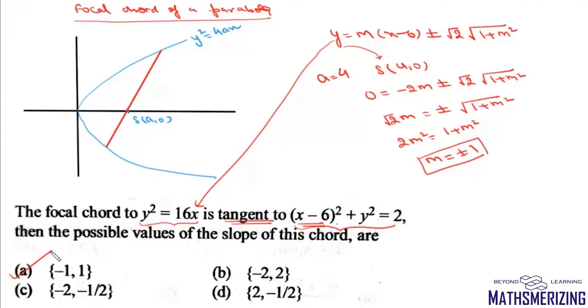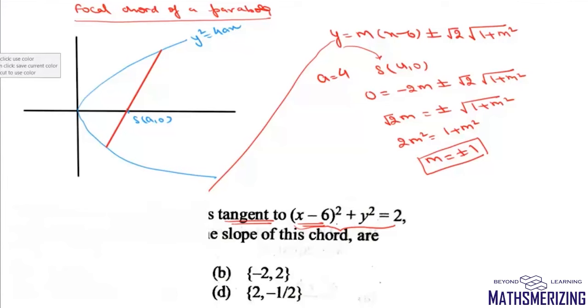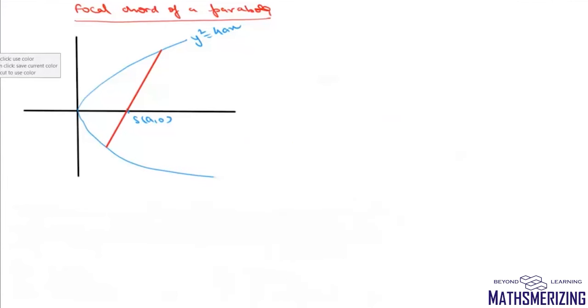So basically a focal chord of a parabola is any chord which passes through the focus. Now we'll write the general condition for any focal chord of a parabola. Suppose there are 2 points A and B which are endpoints of a focal chord, and suppose the coordinates of A are (a t1 square, 2 a t1) and B are (a t2 square, 2 a t2).